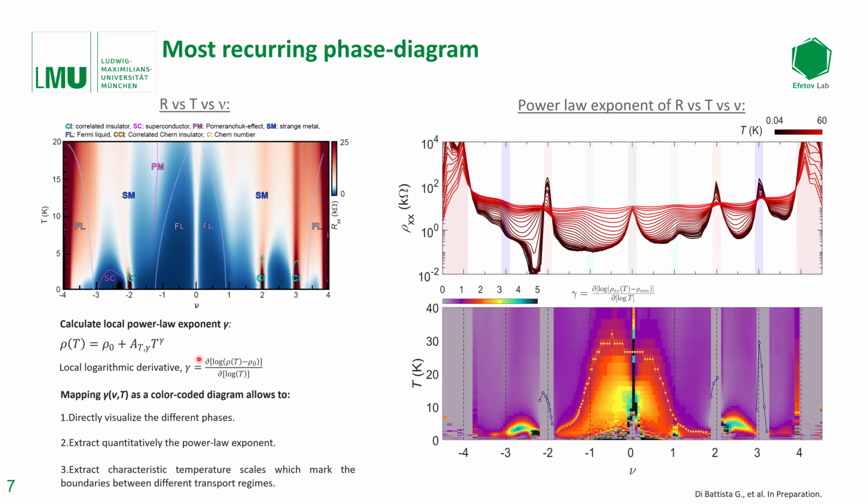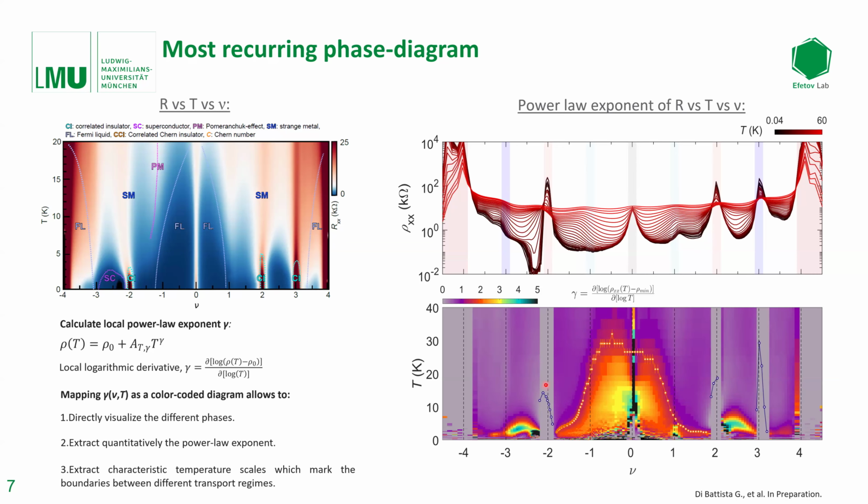Replotting this graph by extracting just the power law, you can see on the right-hand side that the regions in reddish-yellowish are the regions which have a power law of around 2.